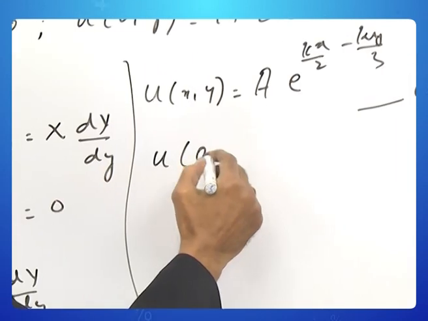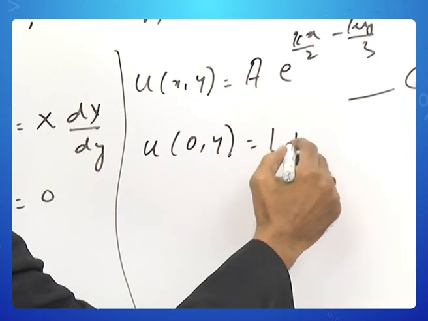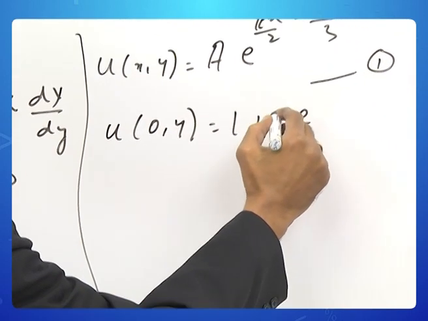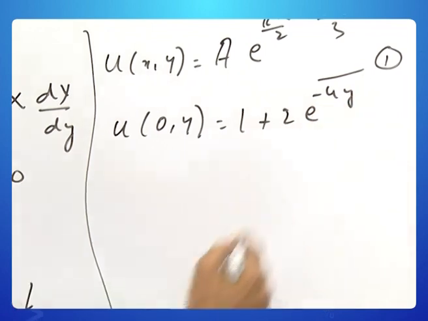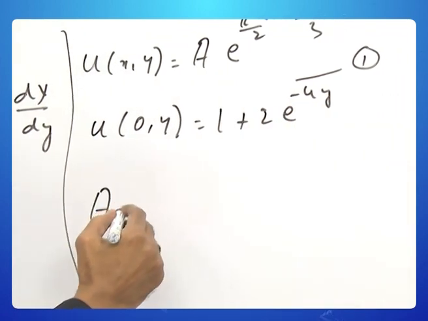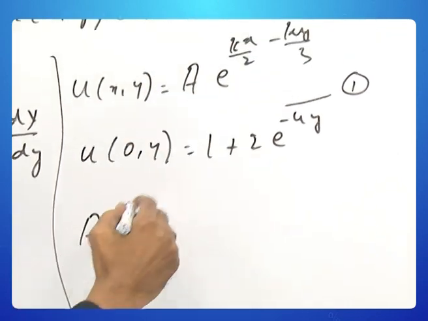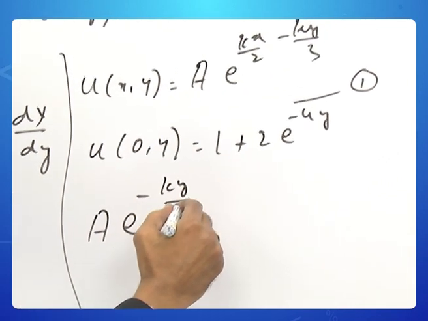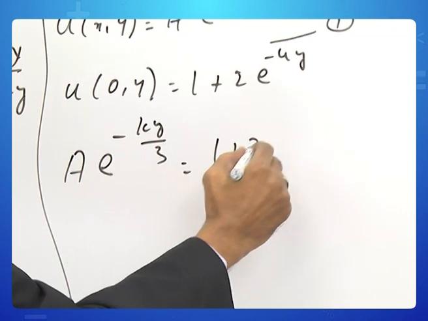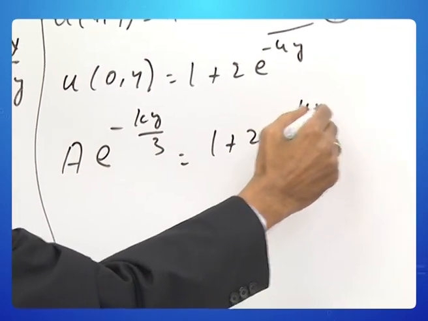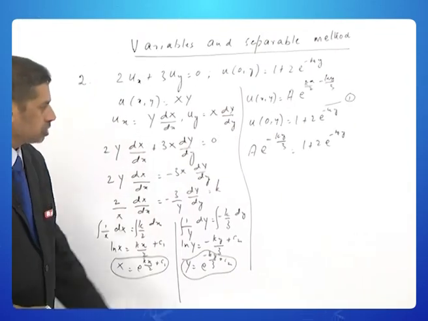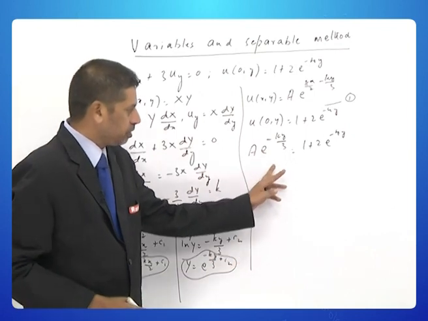So if you apply u(0,y) is equal to 1 plus 2 e power minus 4y, you will have A e power, because x is 0, this will disappear, minus ky by 3 is equal to 1 plus 2 e power minus 4y. But there is a small problem. We have one term here and two terms there.